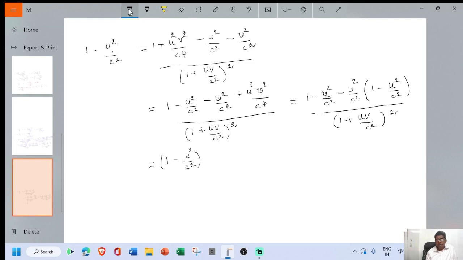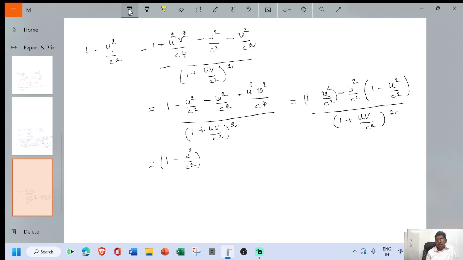Take this term outside. 1 minus of, just we have to combine these two terms. We have to take minus v square by c square as a common term. So 1 minus u square by c square. Now we have to take this 1 minus u square by c square as a common term. Then the rest of the terms are already, see this is 1 minus u square by c square.